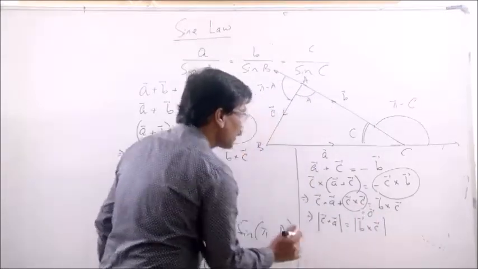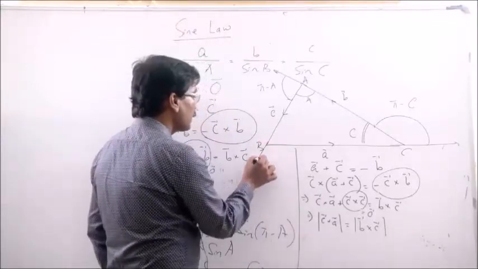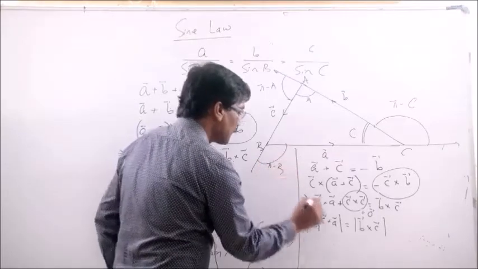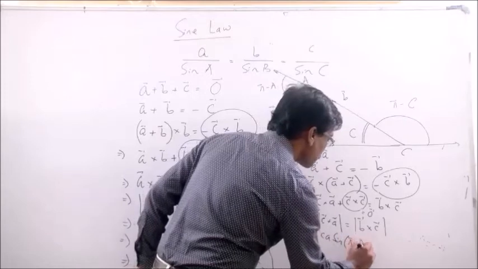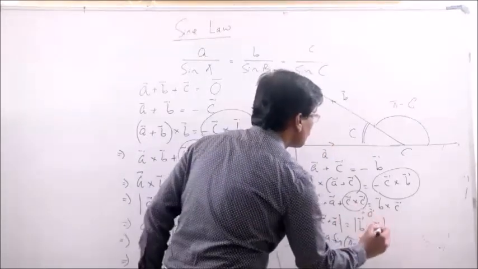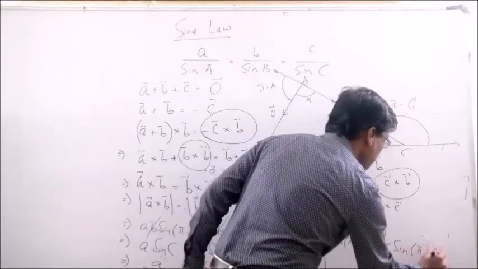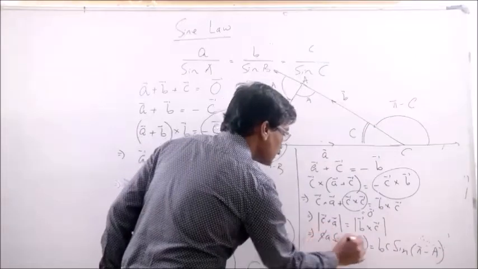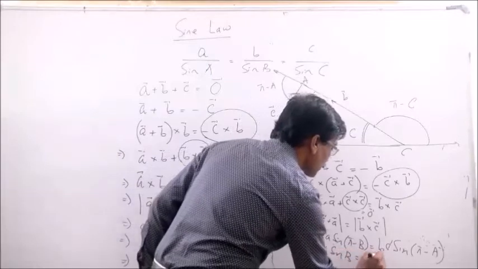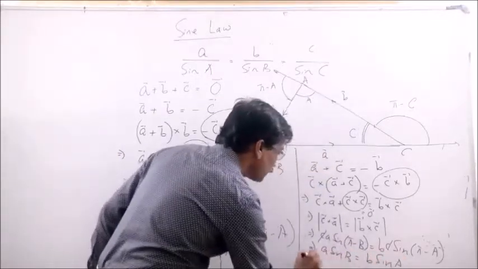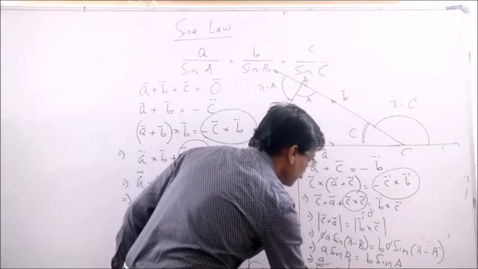So c cross a is your c vector and a vector. This angle is pi minus B. So that is ca sin(pi minus B), and bc sin(pi minus A). So c cancels out both sides. So a sin B is equal to b sin A. So a by sin A is equal to b by sin B.